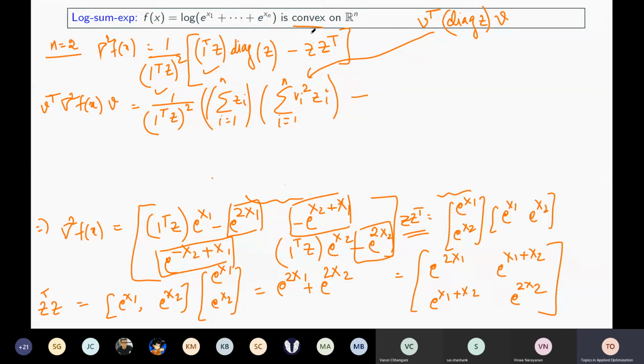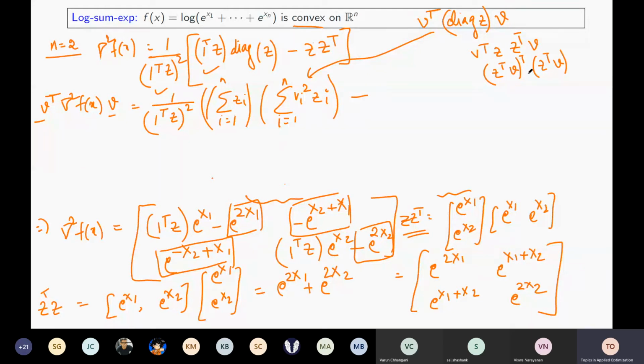Okay, and then if we look into the second term, where we are multiplying from the left with v and from the right with v, this will turn out to be v transpose z, z transpose v. We have seen this before. So this is like (z transpose v) transpose (z transpose v), right?